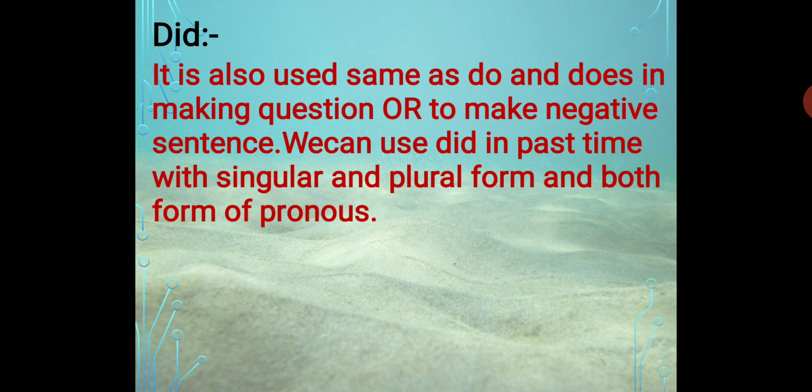We can use did in past time with singular and plural form and both forms of pronouns. Means in the same way we use did to ask the question and to make the sentence in negative form, right?